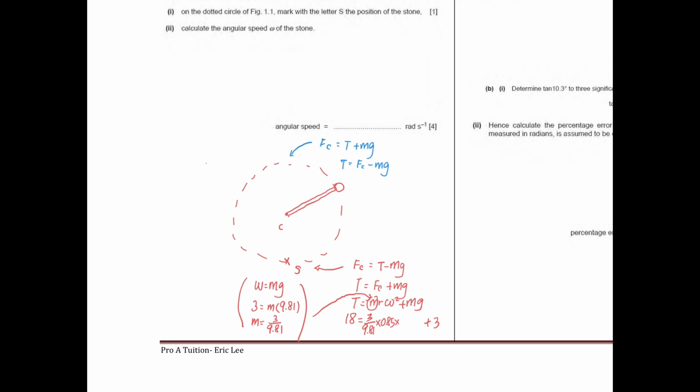The omega is unknown, so we can find omega. Let's calculate: 18 minus 3. So we will get omega as 7.60 radian per second. That is the value for omega. So settle, 4 marks.